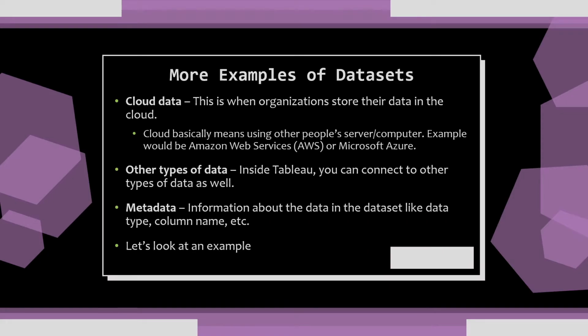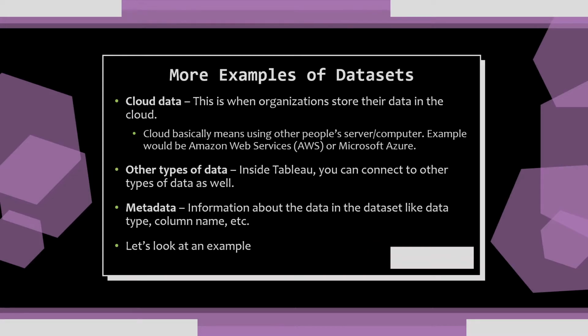Your email messages are stored in the cloud. That just means they are stored in somebody else's computer. So if you're using Gmail, your emails are stored in Google's servers and computers as opposed to your own local computer. And we also have other types of data that you can connect to inside Tableau.